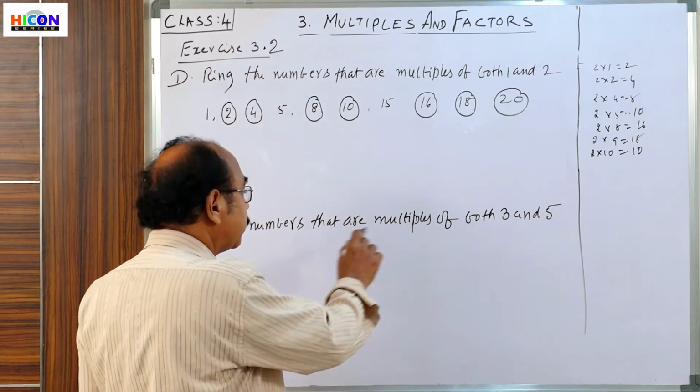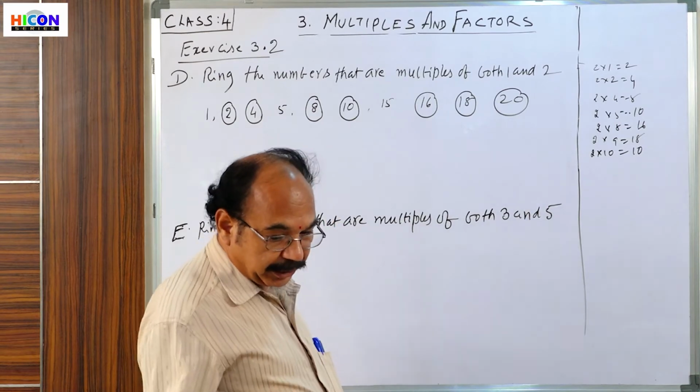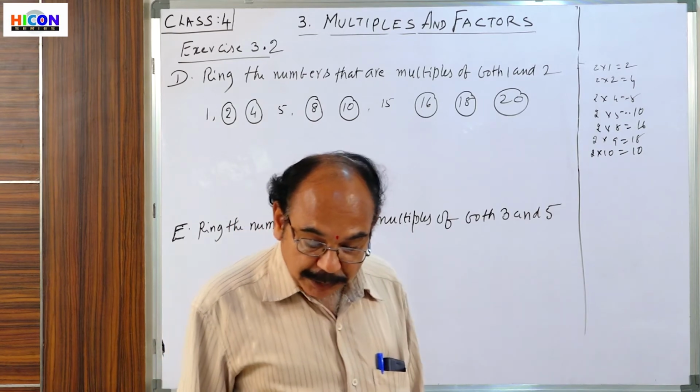Next, ring the numbers that are multiples of both 3 and 5. Here some numbers are mentioned.